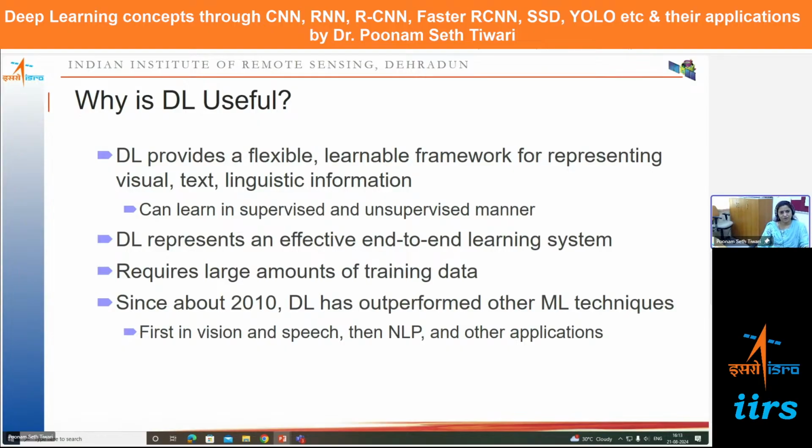So we have a lot of training data, and that data can be utilized only if we are using deep learning algorithms. When the amount of data is very large, machine learning algorithms will not give us very good results. So we have to move towards deep learning algorithms. Since about 2010, deep learning has outperformed other machine learning techniques. Earlier it was done in case of vision and speech, then natural language processing and other applications.